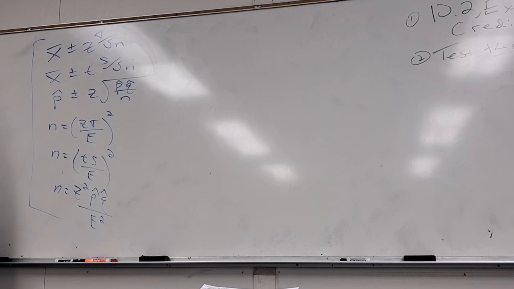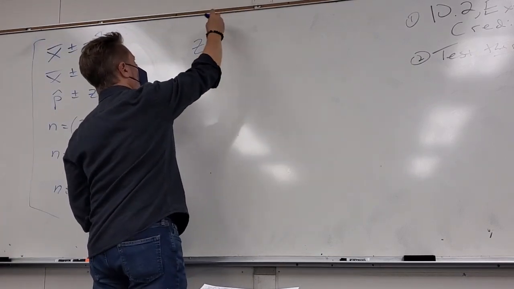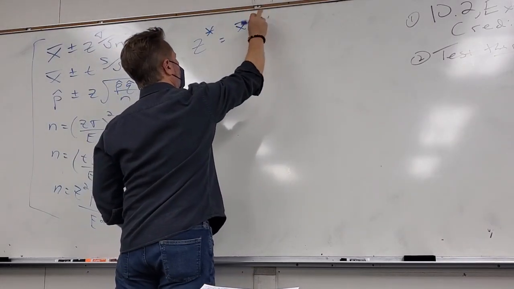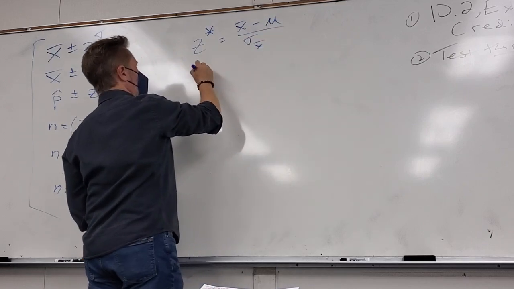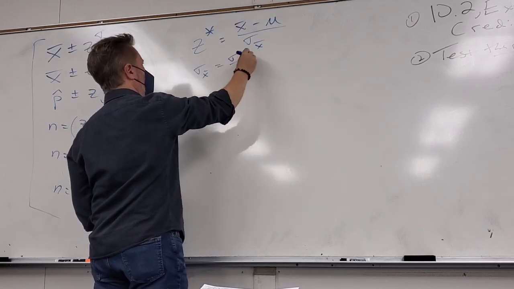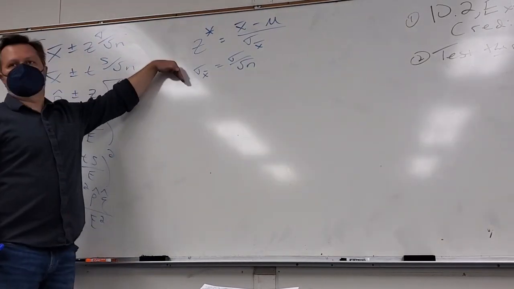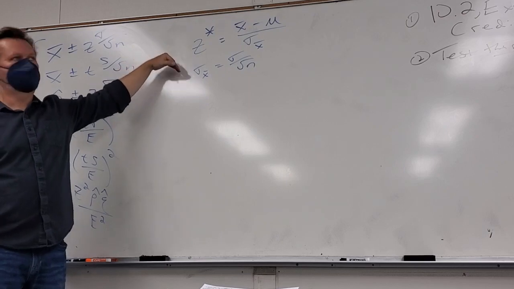The only new formula from chapter 9, hypothesis tests, really is the p-hat one. But I'm going to go ahead and put stuff like this. This is how I would construct my formula sheet, right? So it's the same old z-score formula we've been using for z-star if I have a means problem.